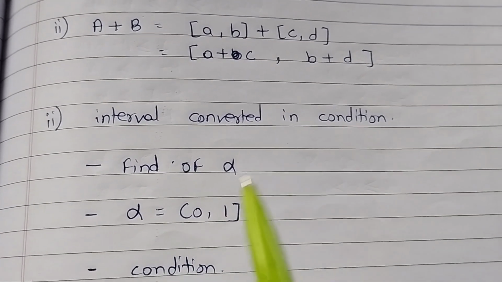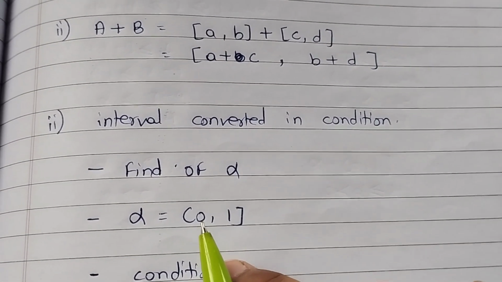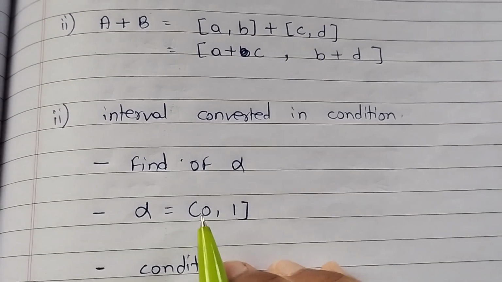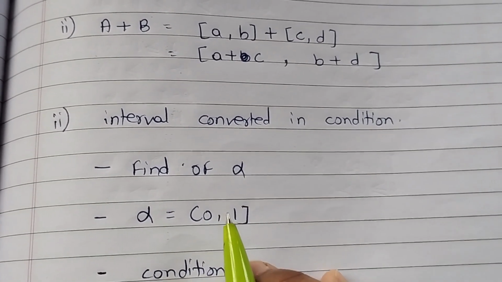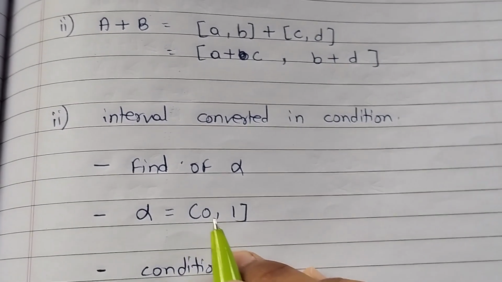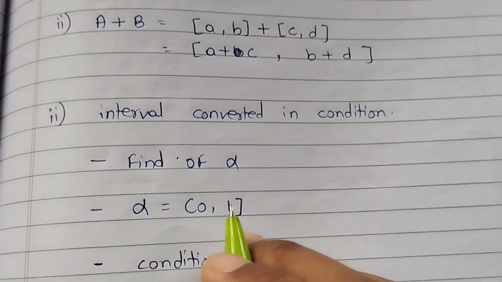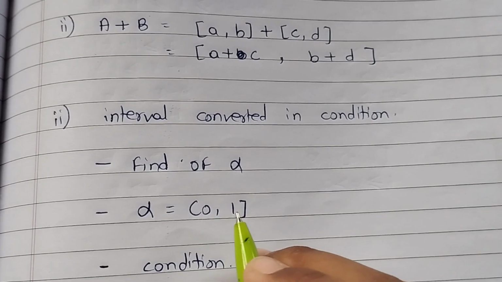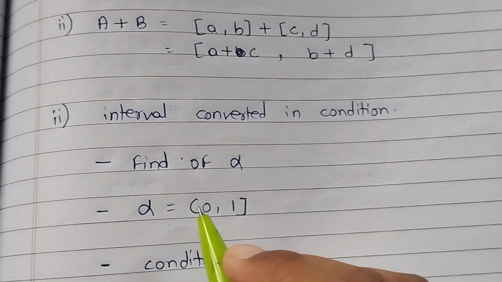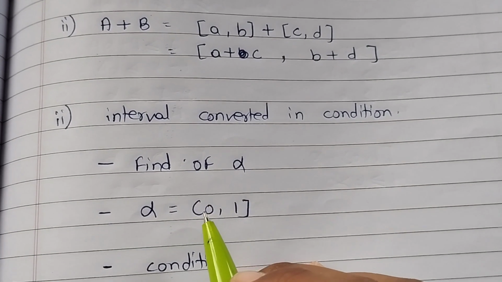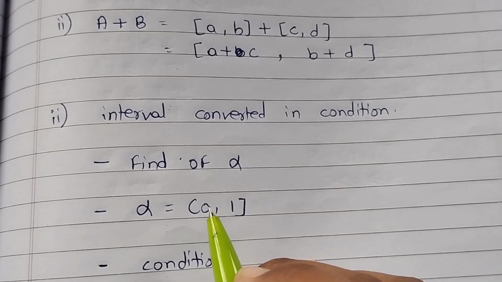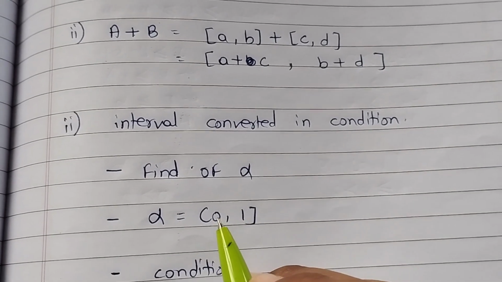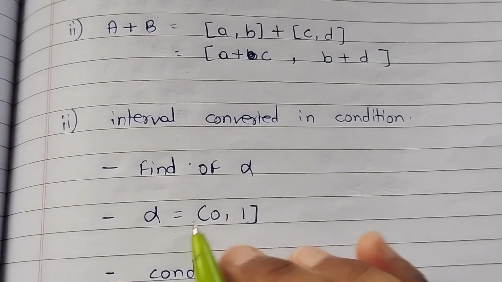Then alpha belongs from the closed bracket of 0 to the open bracket of 1, meaning the conditions for alpha are greater than 0 and less than or equal to 1. When we talk about the open bracket, we only consider greater than or less than but not equal to.